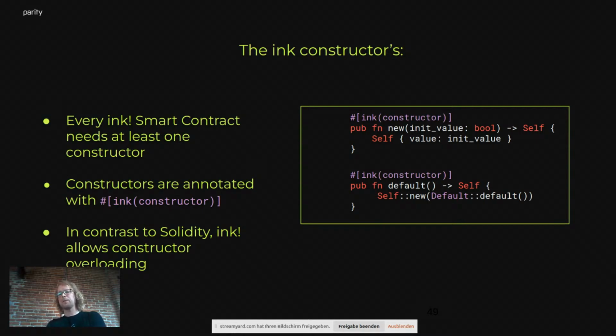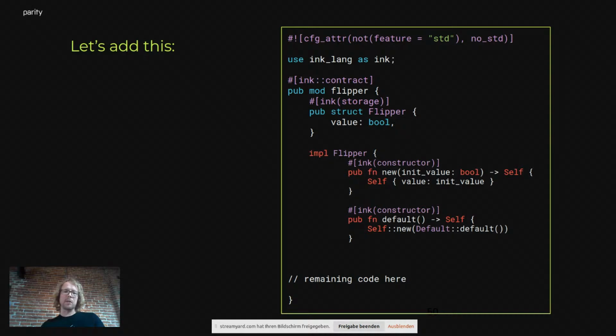So we define two constructors. One constructor which can receive an init value, and a second constructor which just instantiates the contract with its default value, and the default value of a Boolean in this case would just be false. Okay, we can add this to our smart contract code.